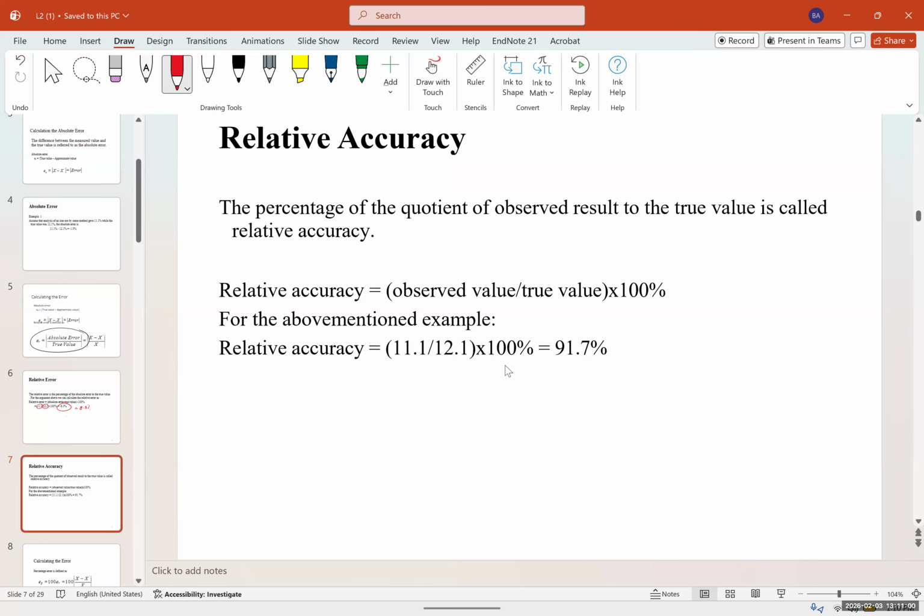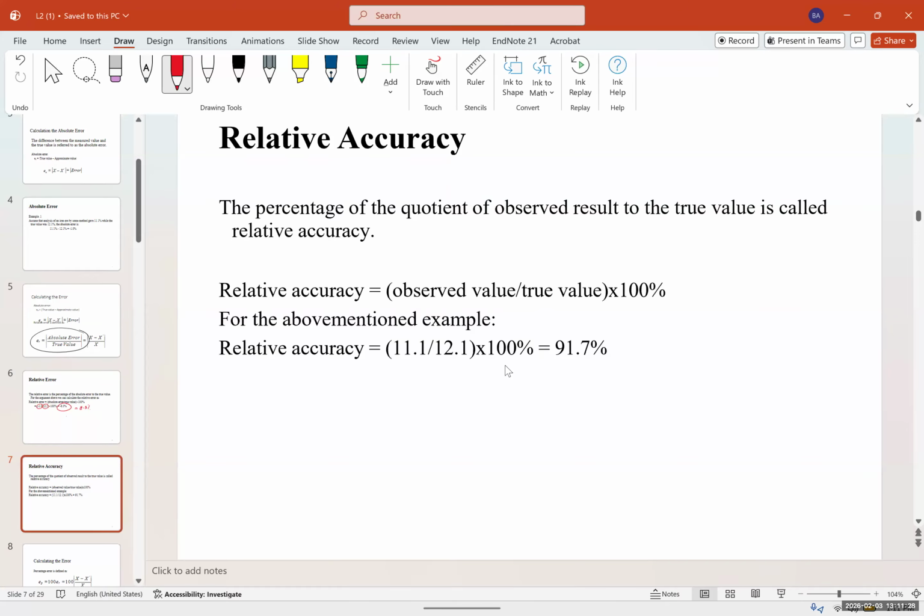So for the previous example, the observed value or the measured value was 11.1, and the true value was 12.1. So the relative accuracy is 11.1 divided by 12.1 times 100%, which gives us an accuracy of 91.7%.